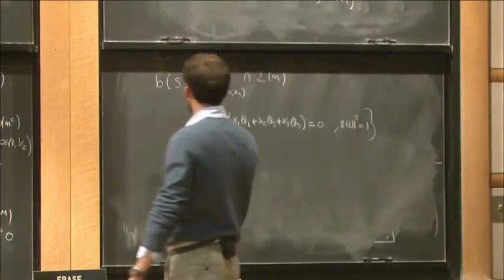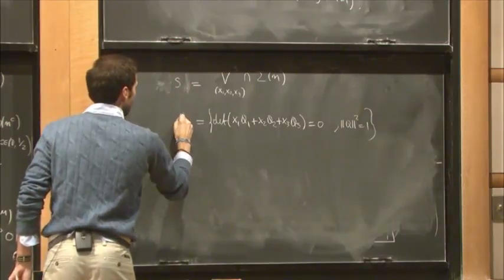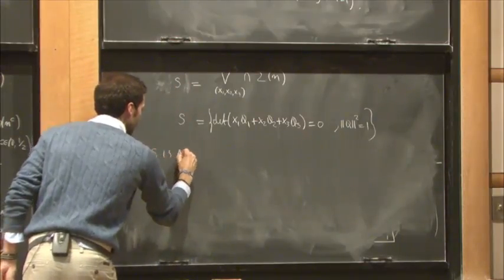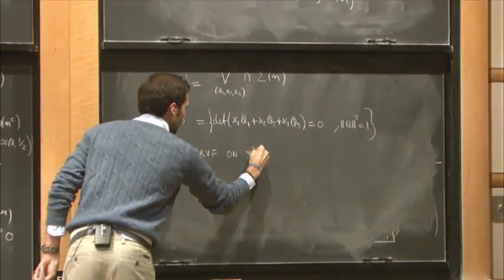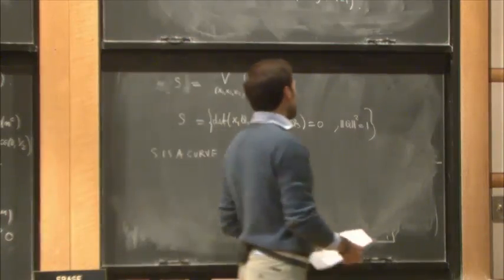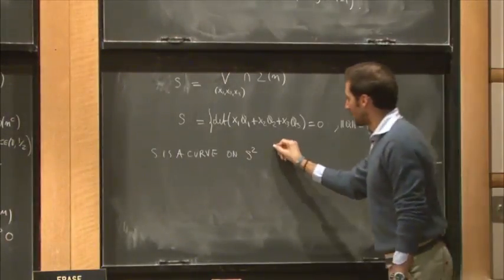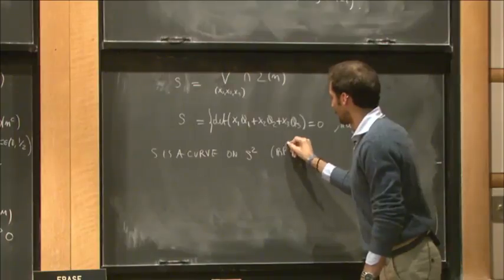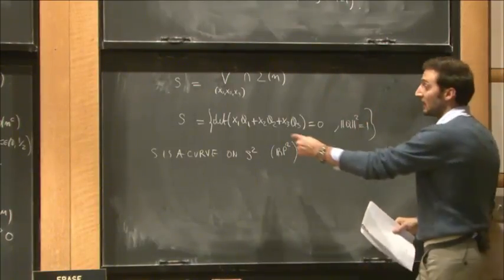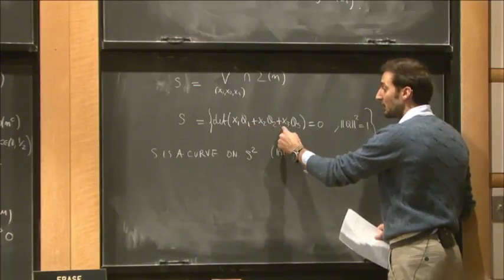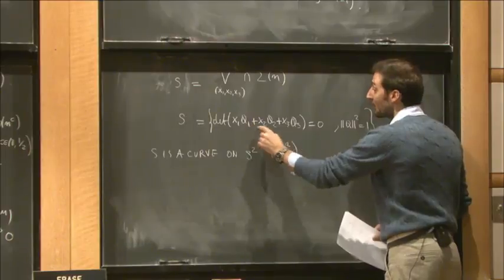Say this is S, sorry, S is a curve on the sphere S2. And in fact, we can even forget about the norm equation and take the projectivization of the curve. So it's going to be a curve on RP2. It's a smooth curve. And it's random, right? Because the equation for this curve is given by these 3 random matrices. So it's a random determinantal curve.